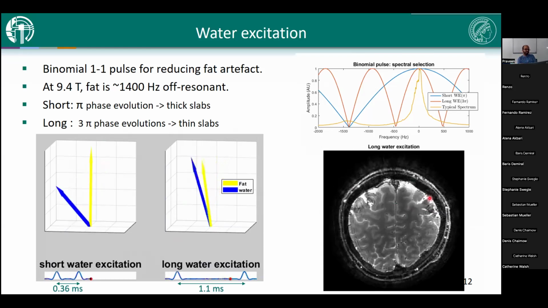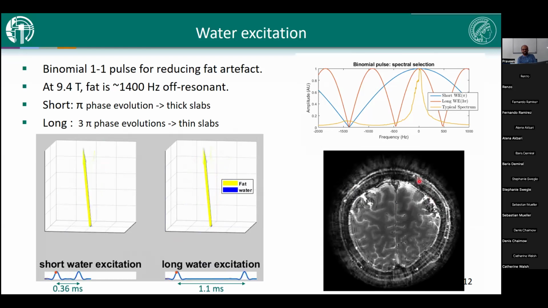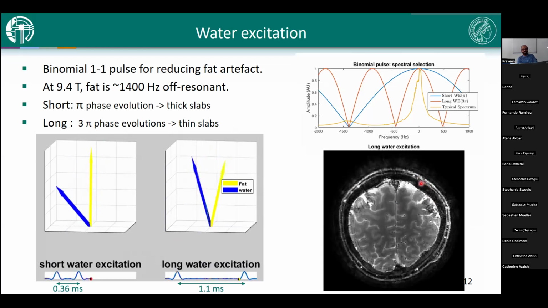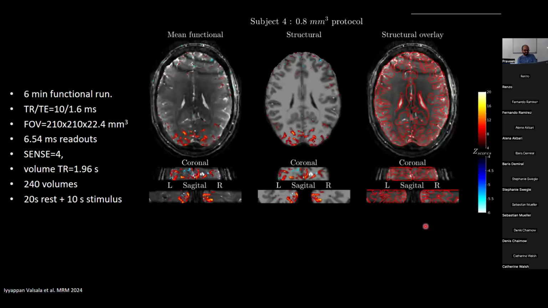So in 6 milliseconds, fat dephases quite a lot. Therefore, you see a significant image quality improvement. And with the model reconstruction and water excitation, we can directly go into the high resolution protocol results.